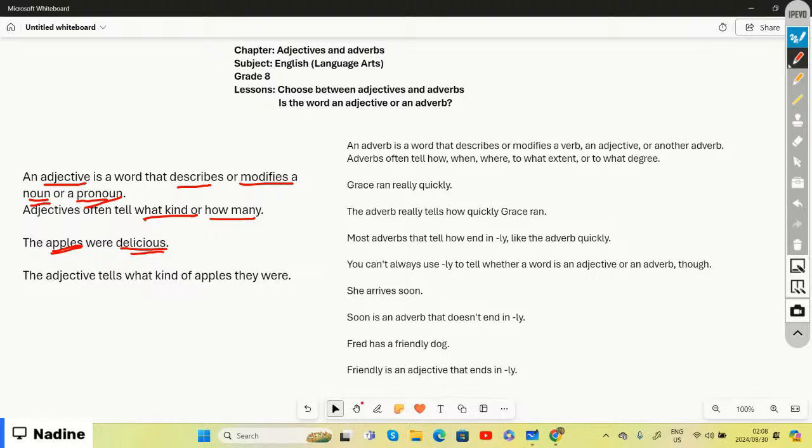So once again, adjectives are words that describe a noun or pronoun, or modify a noun or pronoun. And adjectives often tell us what kind, or how many.